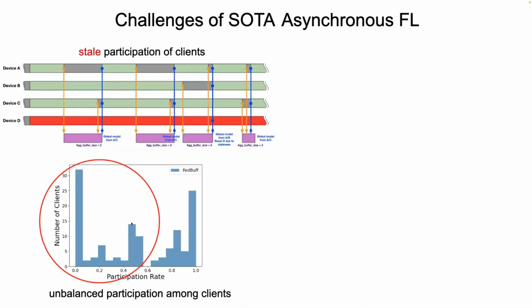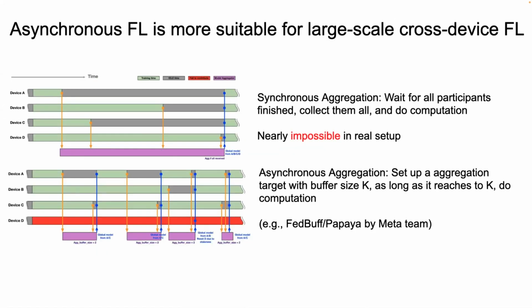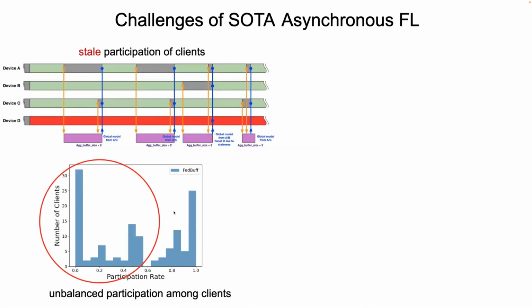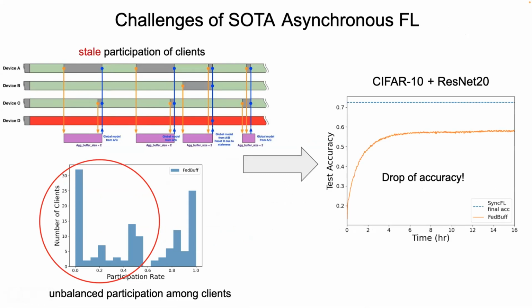But the challenge is that we have been looking at how these buffered asynchronous approaches work, and there is unbalanced participation among clients, meaning that fast clients will still contribute a lot, and many users will get little chance of contributing. Or maybe they contribute, but with very stale models.